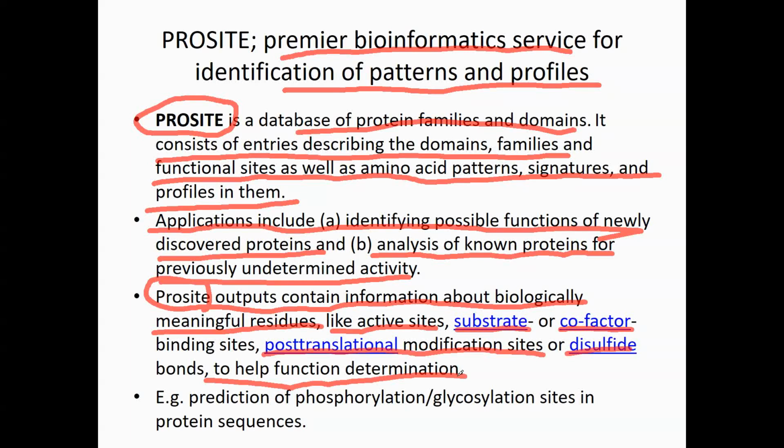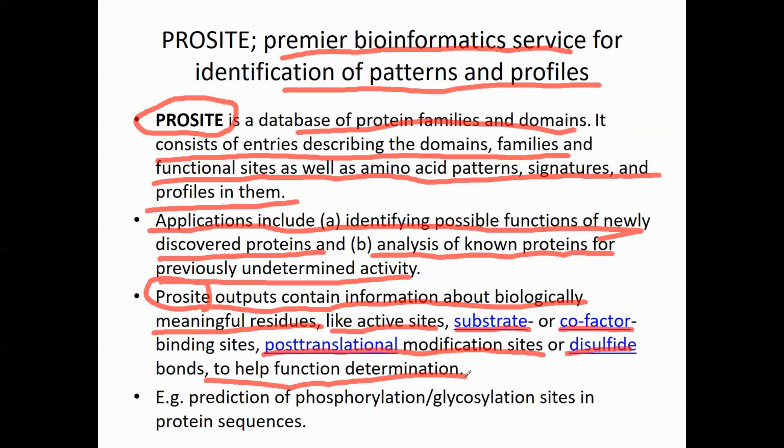So you have the sequence and you cannot do anything with the sequence because sequences are just letters. Okay, so it is important to identify the function and the structure of that protein. So, using the patterns and profiles, we can identify the active site residues, substrate binding residues, and other amino acids in order to find out the function of that protein.